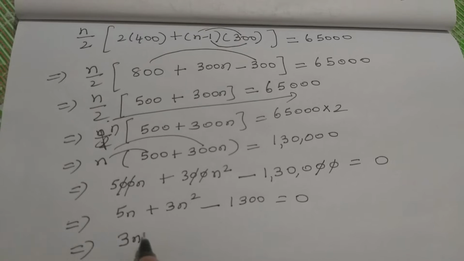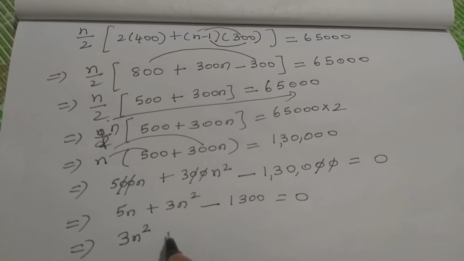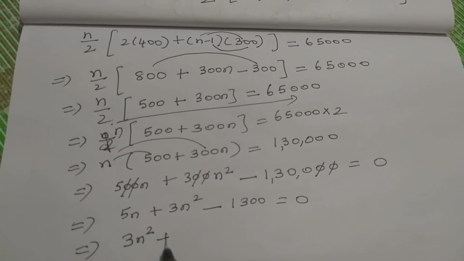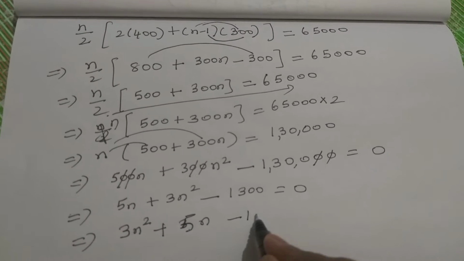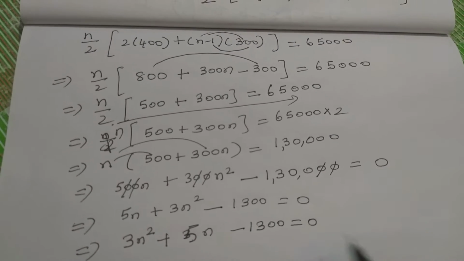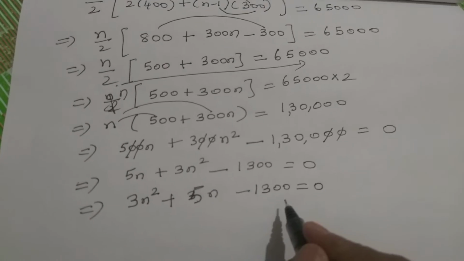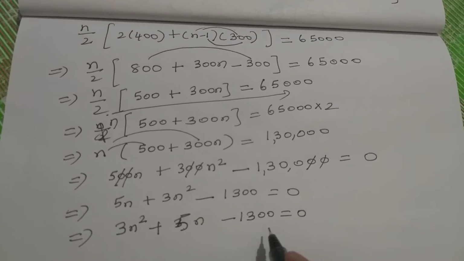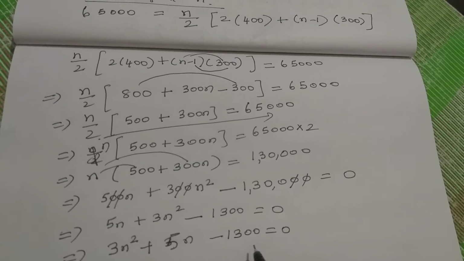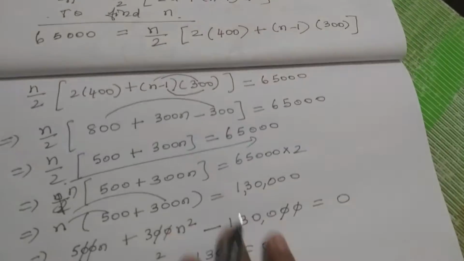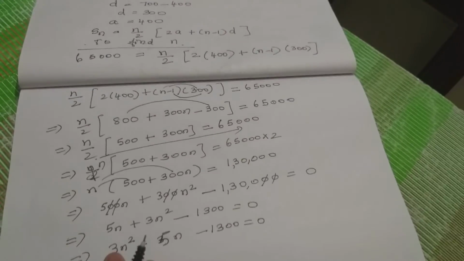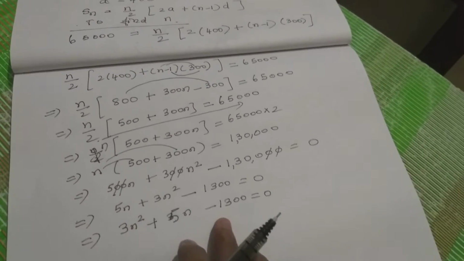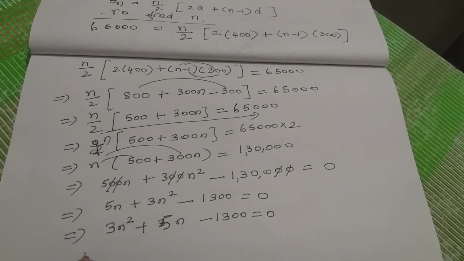Arrange it from the highest power to the smallest: 3n squared plus 5n minus 1300 equal to 0. We cannot do this by factorization, so the easy way is the quadratic formula, because quadratic means the highest power is 2. So what is the quadratic formula?